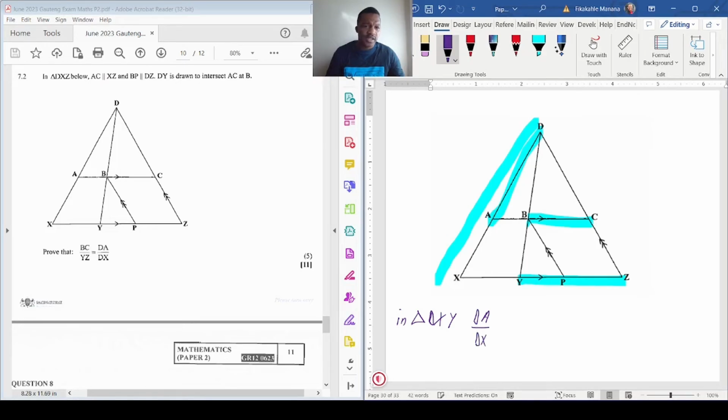So we have the right-hand side. That is equal to, if we just take those two, DY, the longer one. Oh, okay, no, DB, because we start with the smaller one. It's equal to DB all over DY.